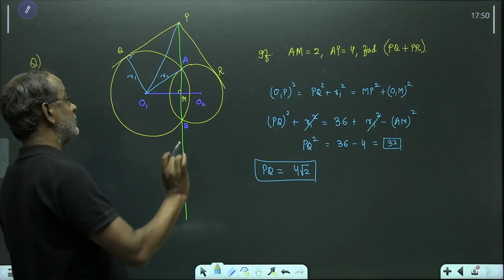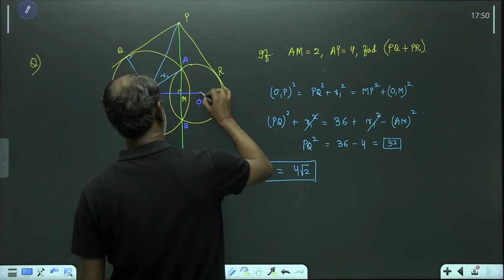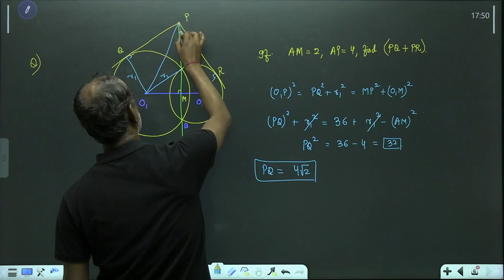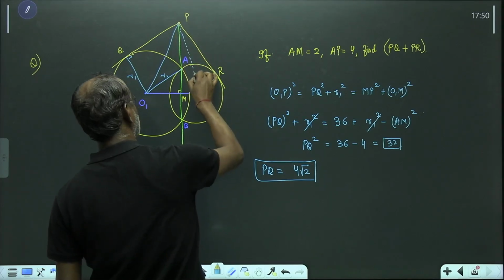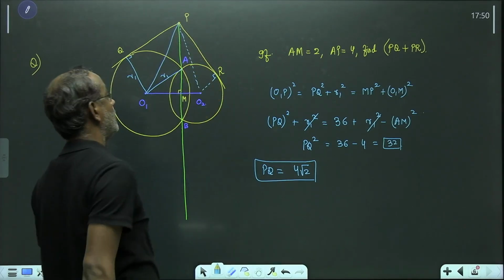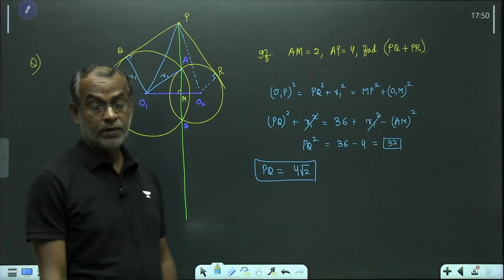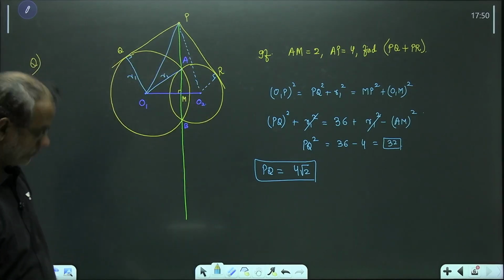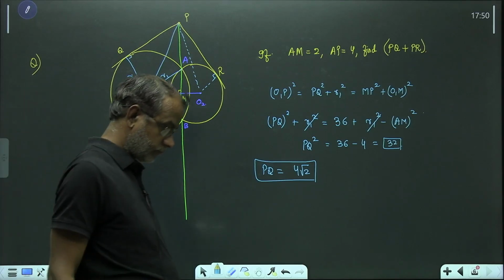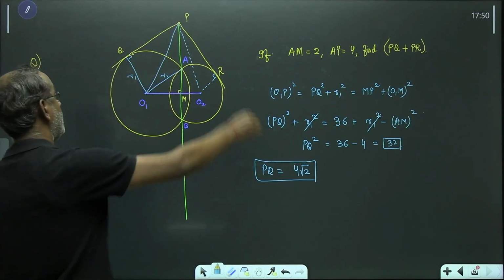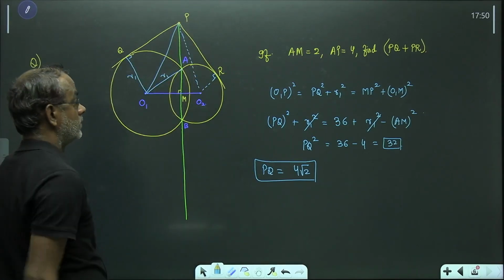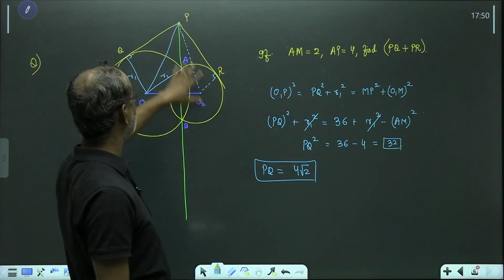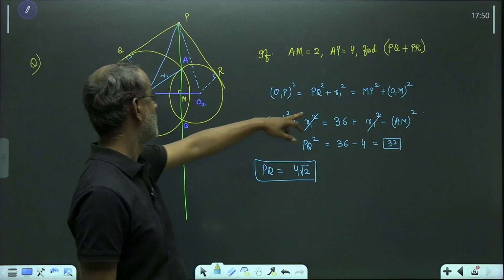Now, if you are able to fathom, we are going to have similar calculations here. This is 90 degree, and O2P whole square is PR square plus R2 square.